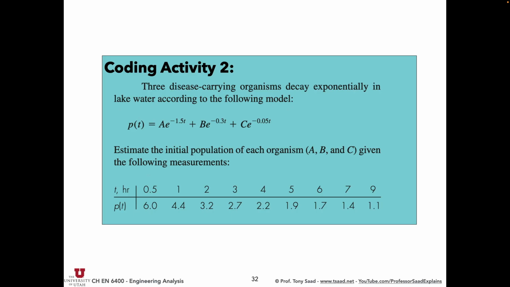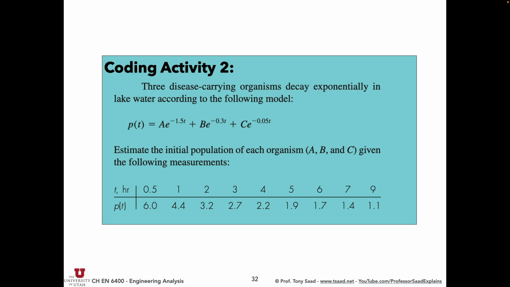Let's call them organism A, organism B, and organism C. Over time, at 0.5, at half an hour from the initial population introduction, there were let's say 6 million of those organisms. After 1 hour, 4.4, 2 hours, 3.2, and so on. After 9 hours, 1.1 million, or 1,100, were left. So assume there's a unit added to that.